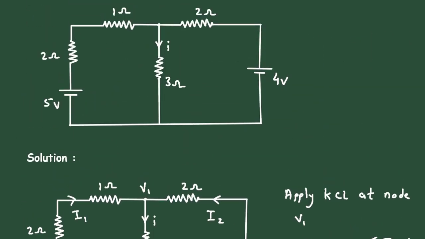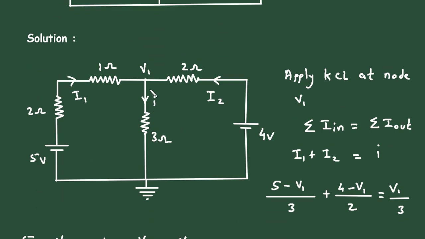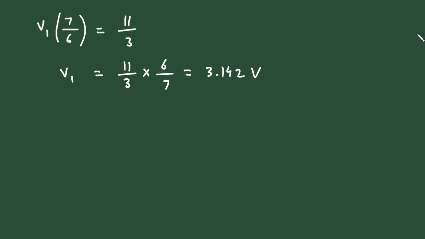But here we have to find the value of current I. So current I is equal to V1 minus 0 divided by 3. The value of V1 is 3.142 divided by 3.